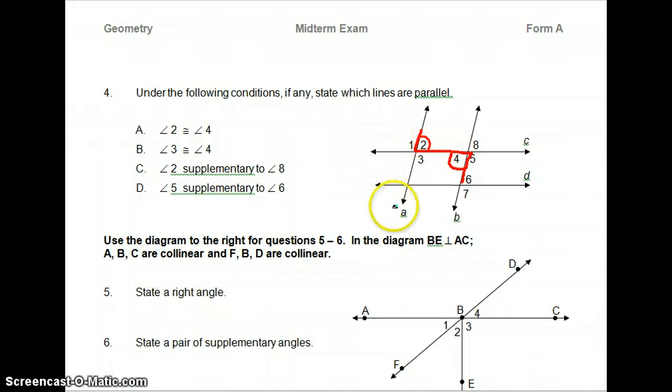Therefore, line A is parallel to line B. If 3 is congruent to 4, it really doesn't tell you anything because those are consecutive interior angles and they have to be equal to 180, so that answer is none.